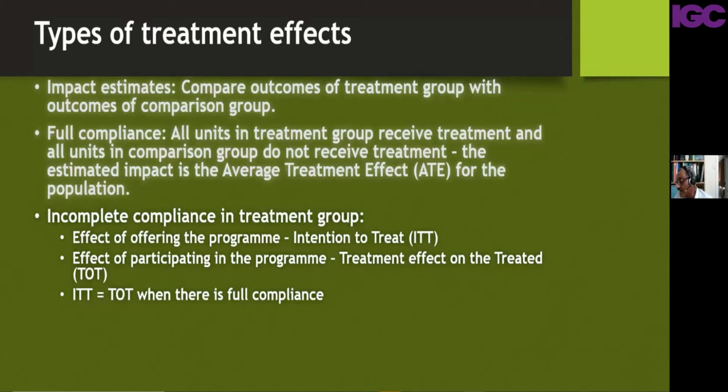But if you don't have full compliance, then the intention to treat will be different from the treatment effect on the treated, because the intention to treat includes the outcomes of those who are offered the program but chose not to participate.